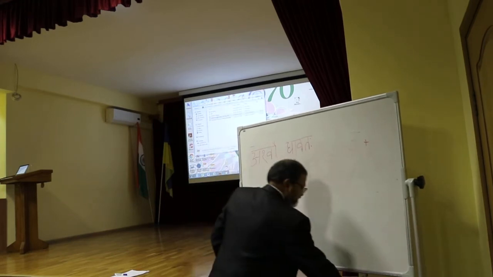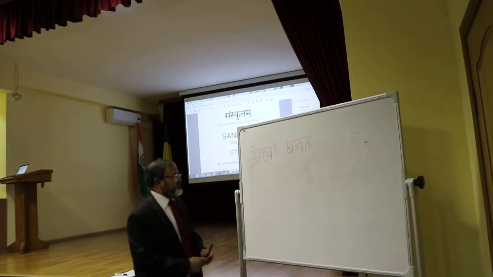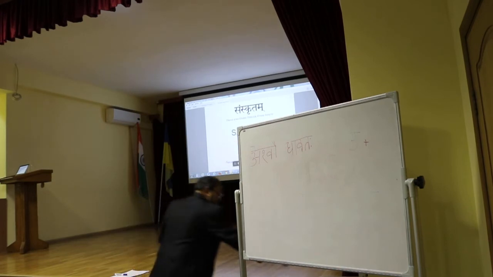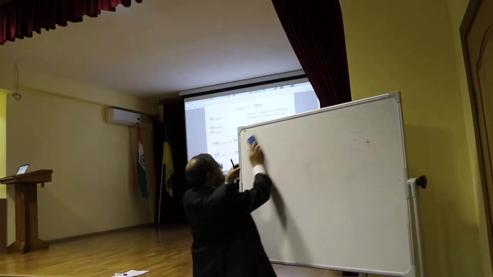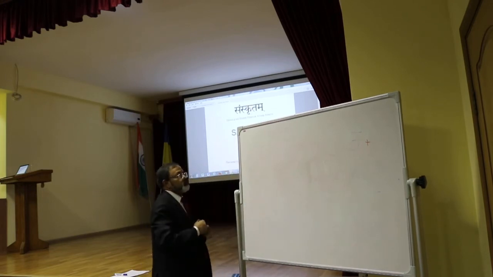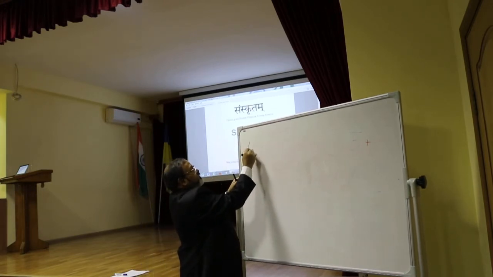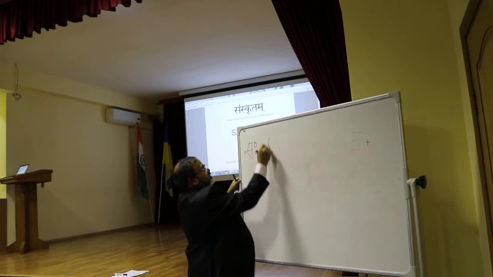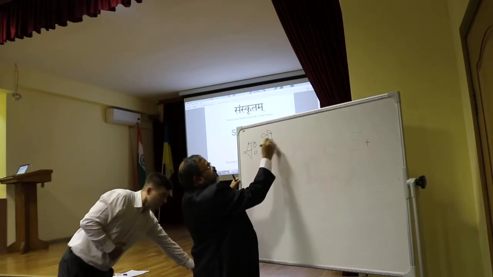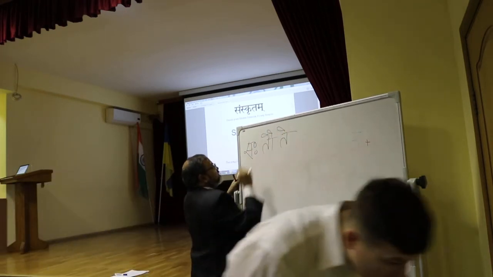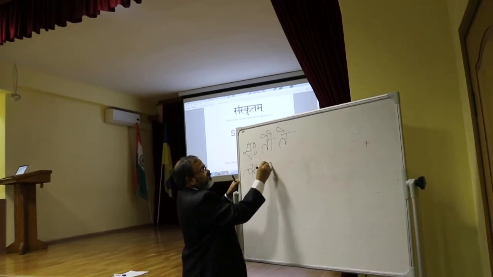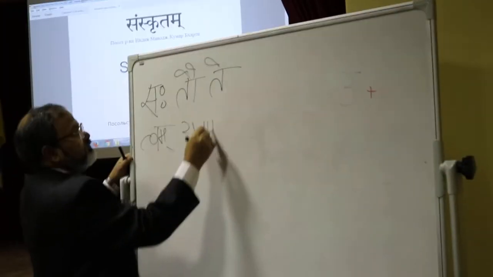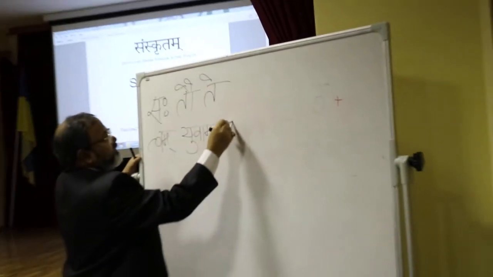We are going to have two tables. One table, as you remember, is Sah, Tau, Te, Tvam, Yuvam, Yuyam.